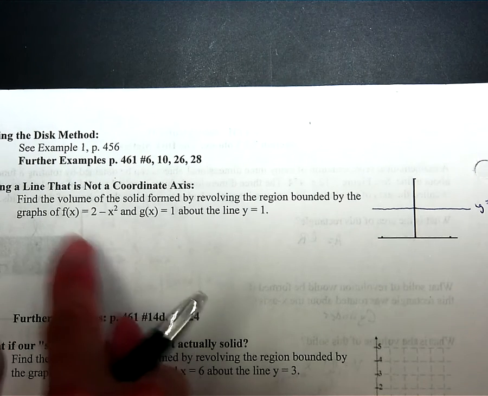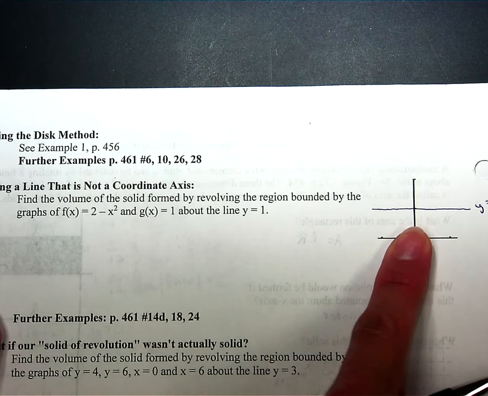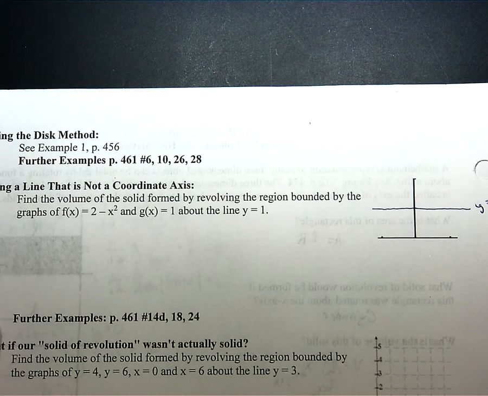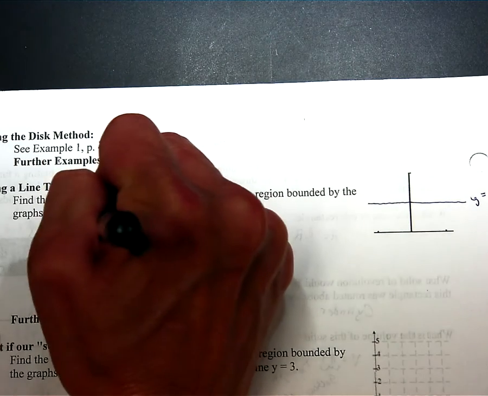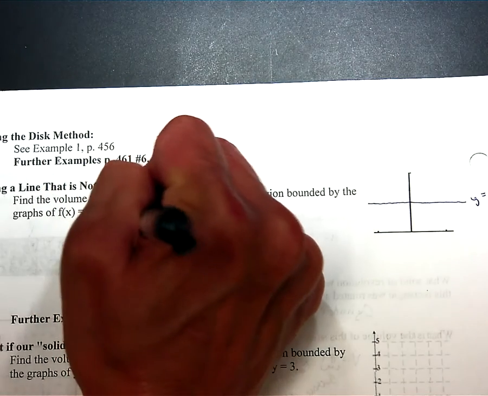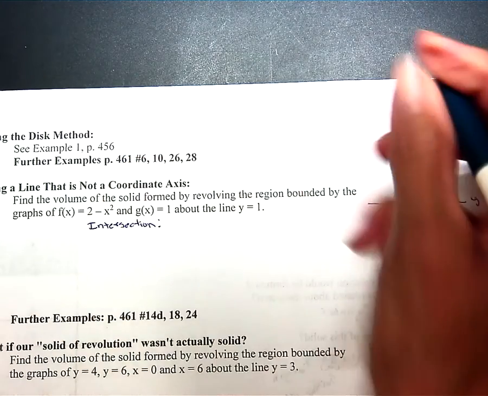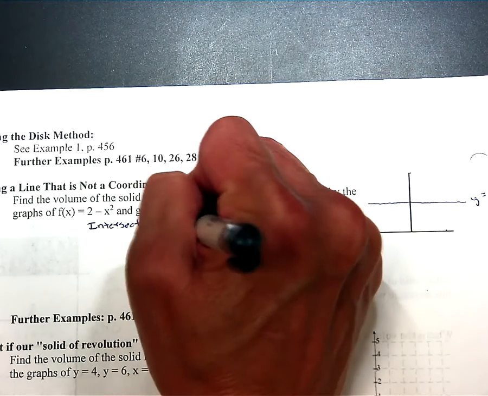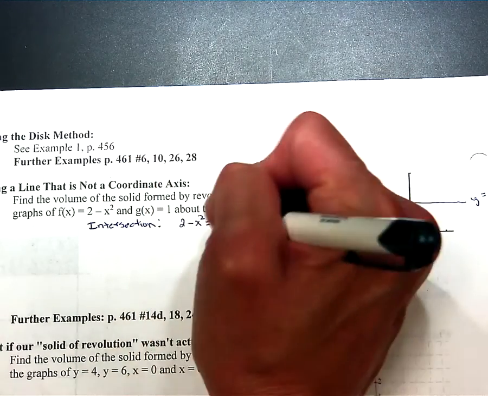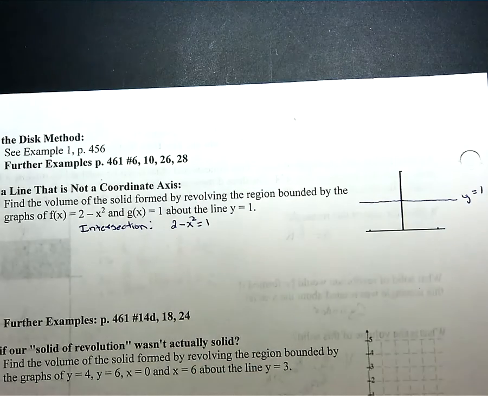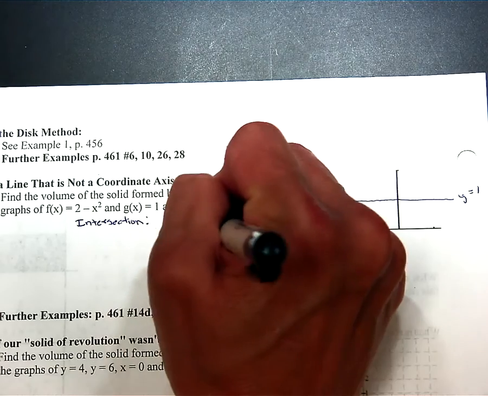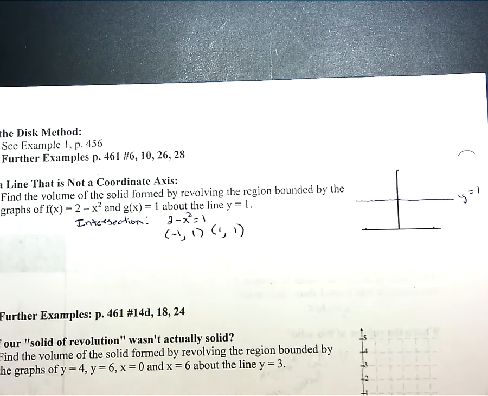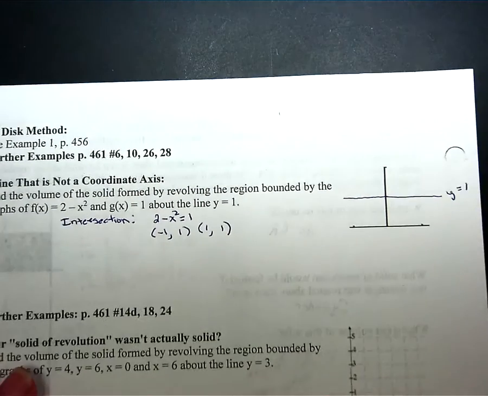How could I find where that parabola touches the line y equals 1? Just set 2 minus x squared equal to 1, and you get x equals -1 or +1, which gives us the 2 points, (-1, 1) and (1, 1).